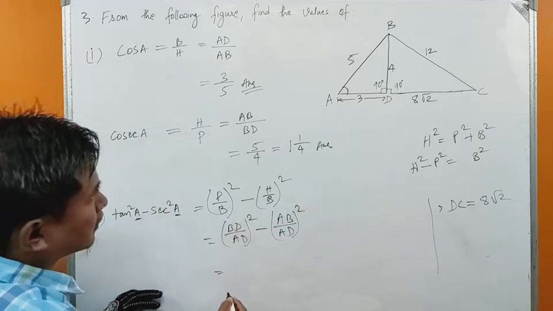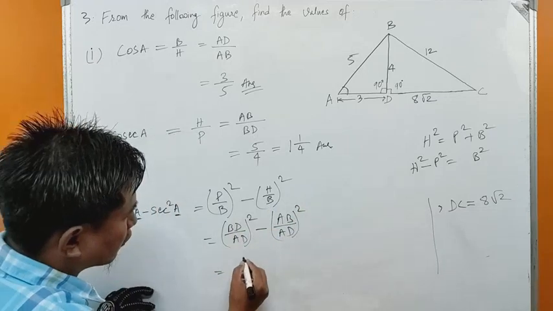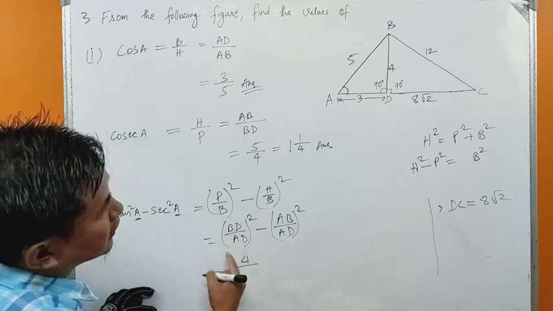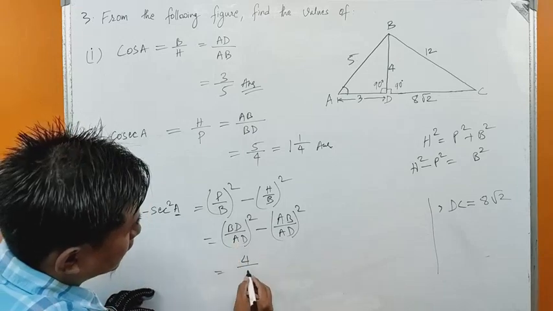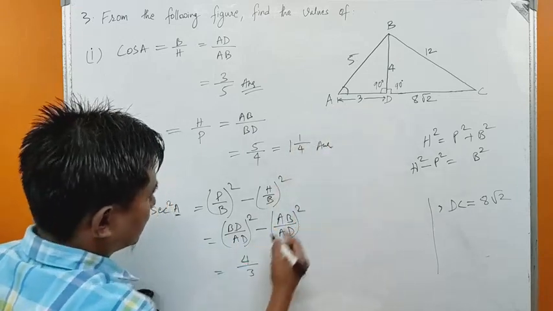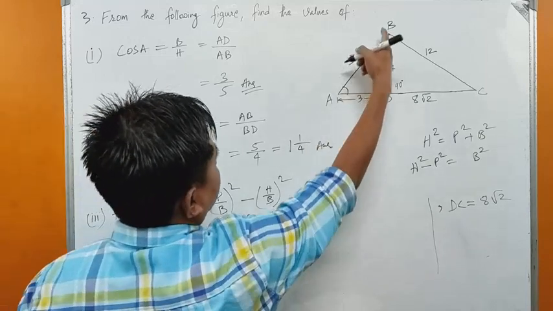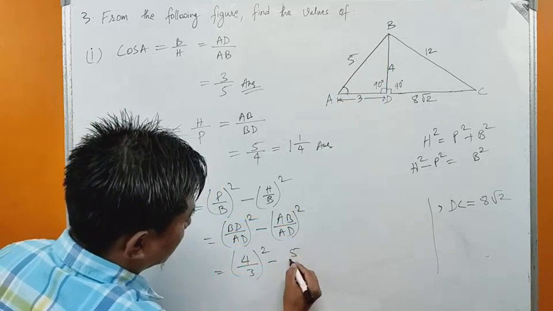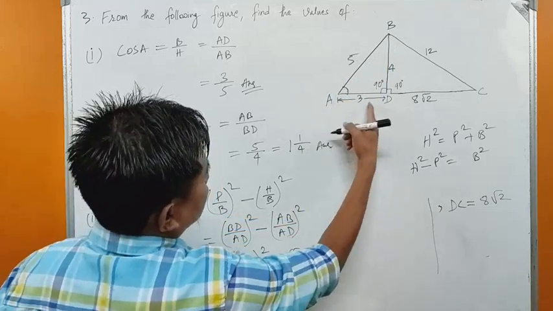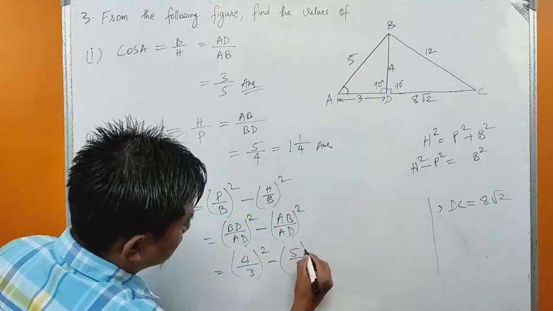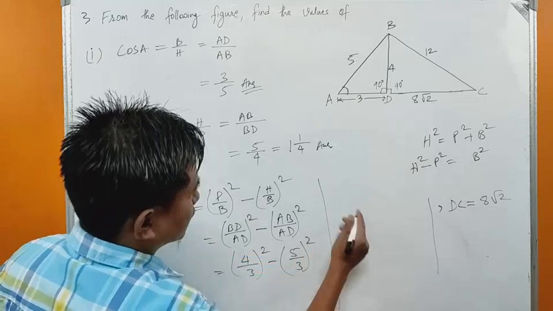So what is BD? BD is 4. And AD is 3, whole squared, minus AB, AB is 5, upon AD, AD is 3, whole squared.